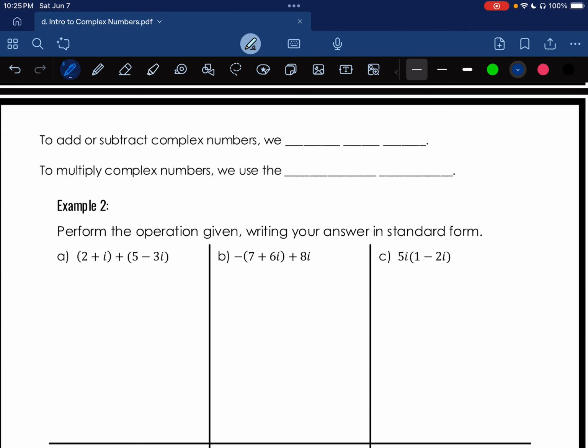To add and subtract complex numbers, it's just going to be like combining like terms: real part with real part, imaginary part with imaginary part. To multiply complex numbers, we're just going to distribute, use the distributive property, kind of like working with binomials.